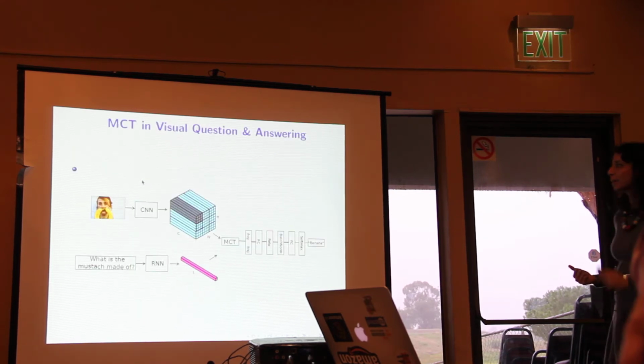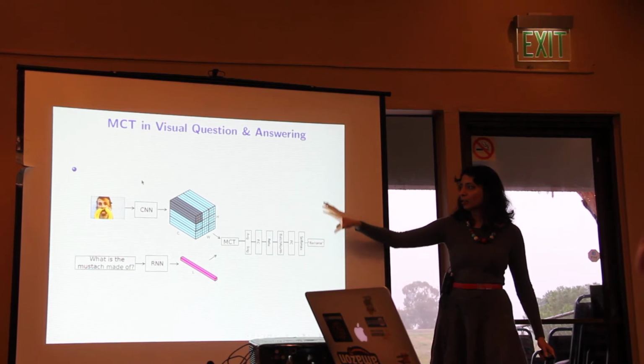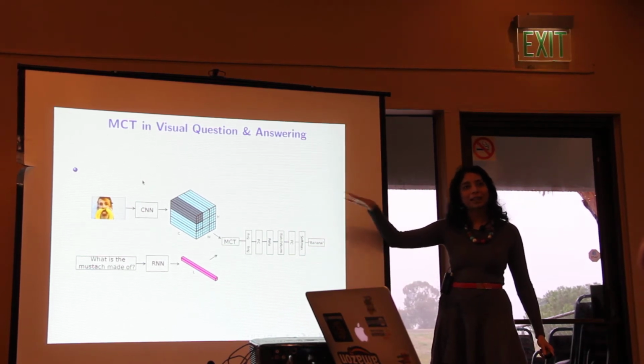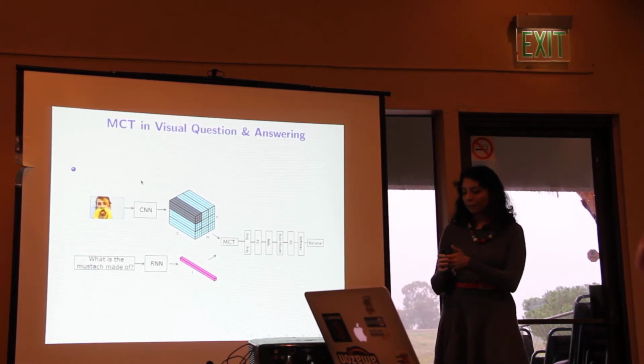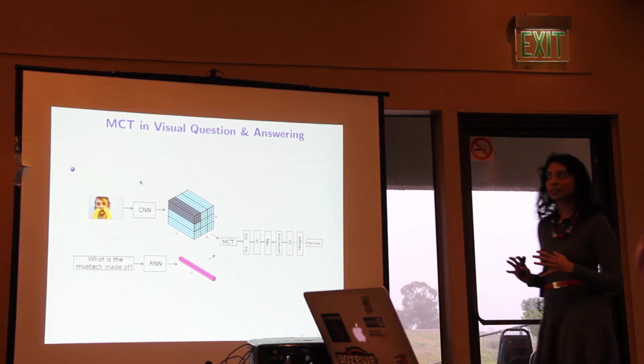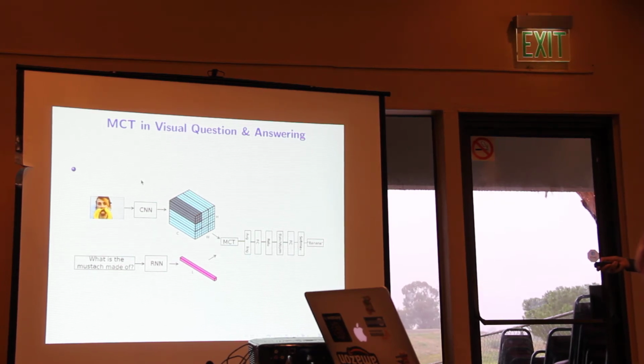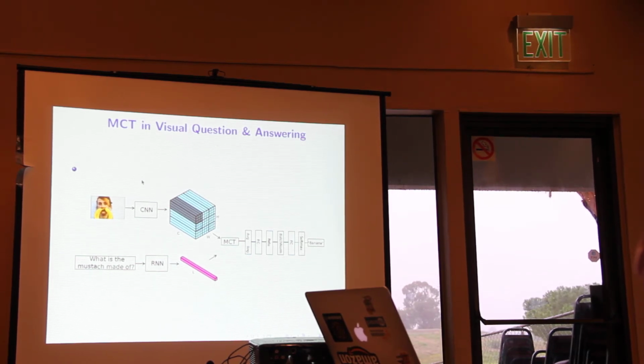The other aspect we've been working on is how we can use tensors to also exploit multiple different kinds of data. If you have image data and text data, and you want to jointly process them. In this example, you want to answer a question about the image, so you want to combine features from text and image efficiently.